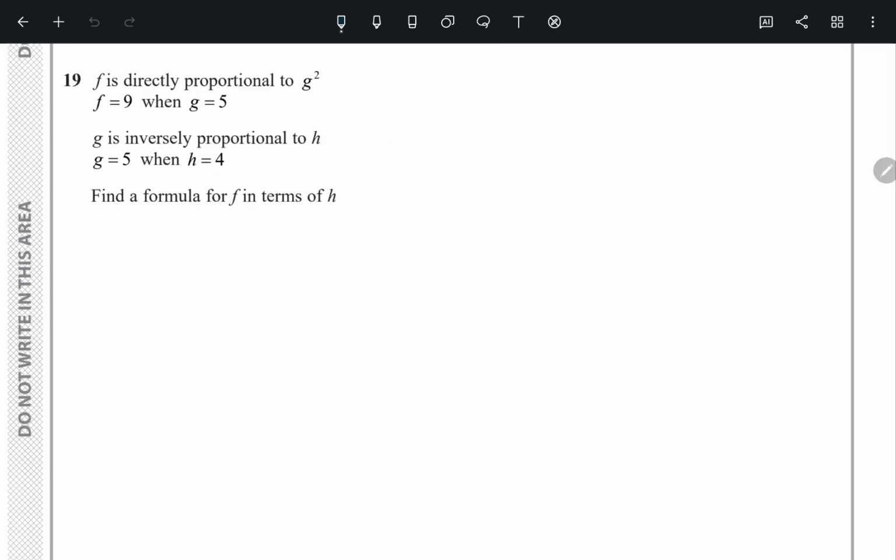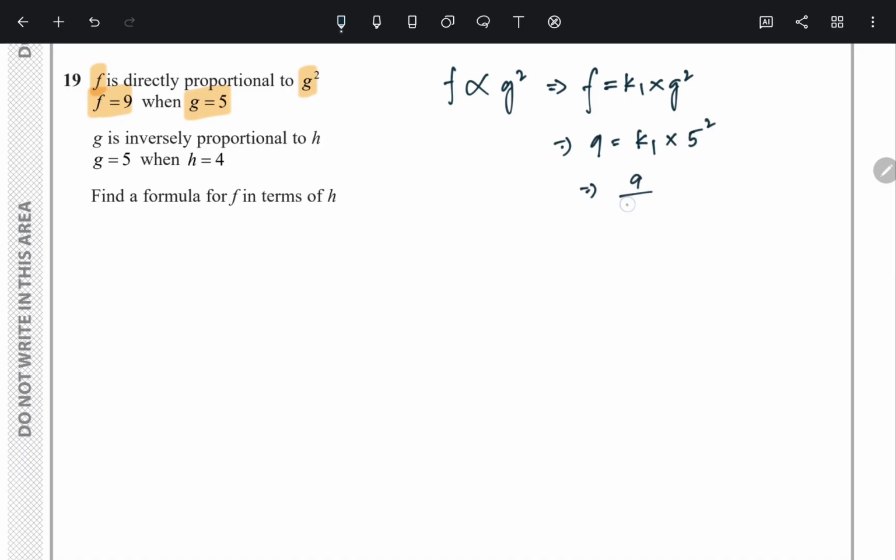Question 19 says f is directly proportional to g squared, and f is equal to 9 when g equals 5. And so we can write f is directly proportional to g squared, and f can be written as k1, that's our constant, times g squared. And when f is 9, g squared is 5 squared, so 9 by 25, that's the value of k1.